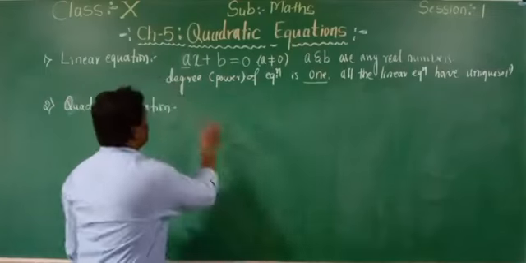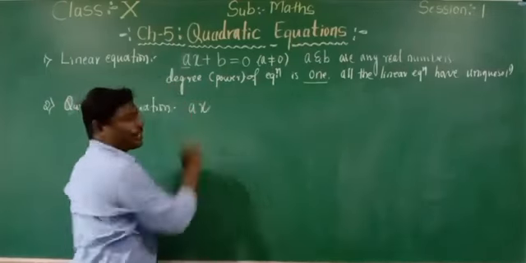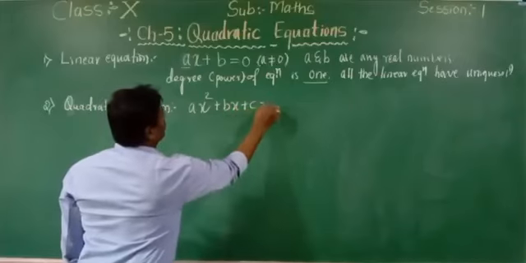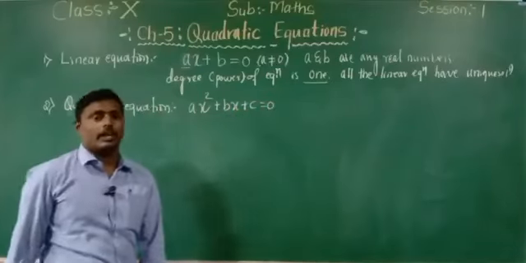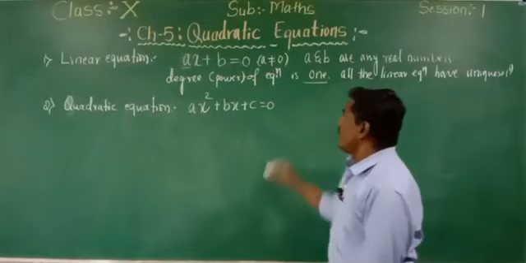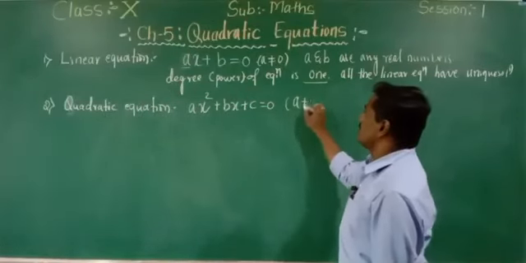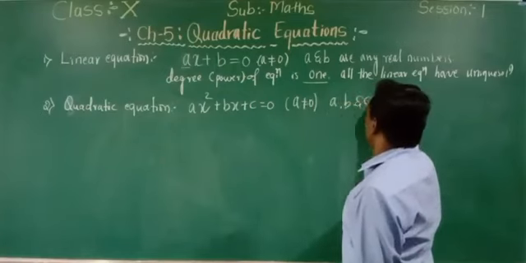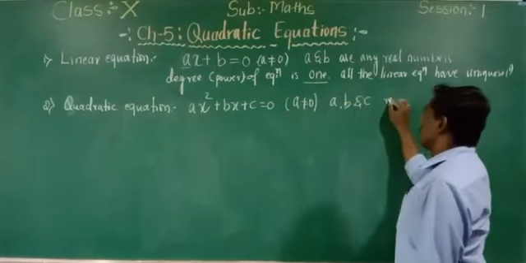So the standard form of the quadratic equation is ax square plus bx plus c is equal to 0. Here a is not equal to 0, and a, b, c are any real numbers.